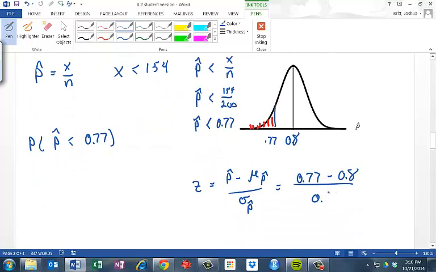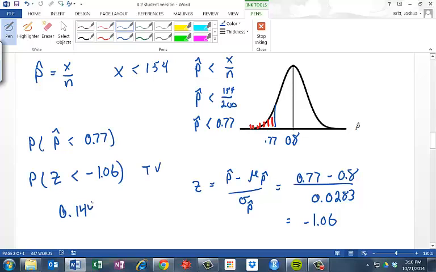So 0.77 minus 0.8 over 0.0283 is minus 1.06. So P hat is converted to Z. Now we look up this Z score in Table 5. And when we do, we get 0.1446.